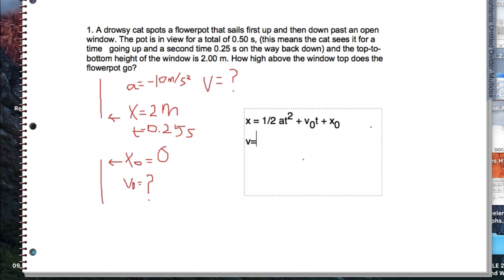So we have 2 equals 5 times 0.25 squared, right? Oh god, this typing is so annoying.